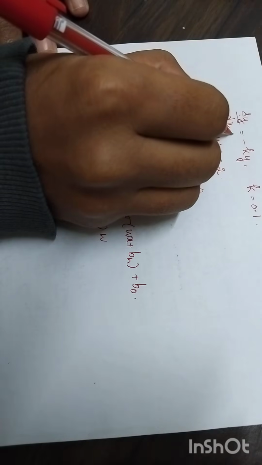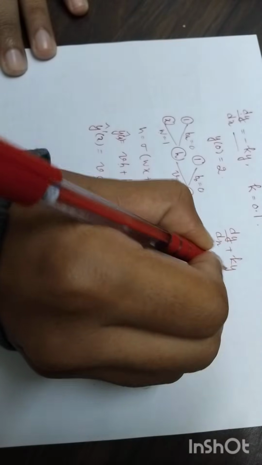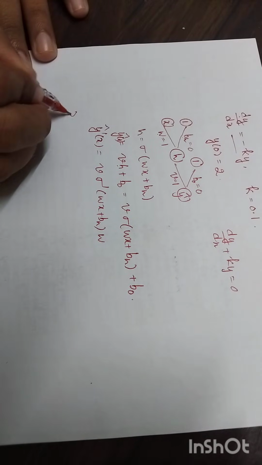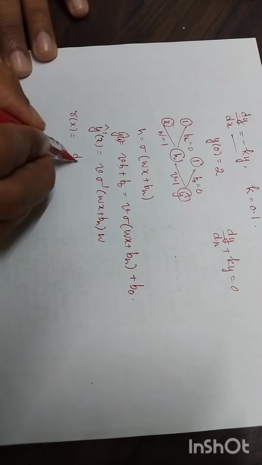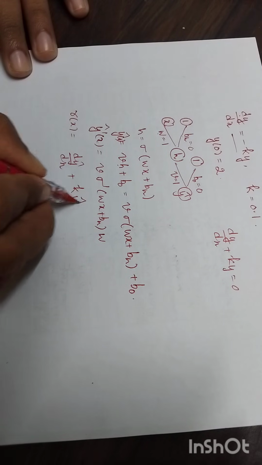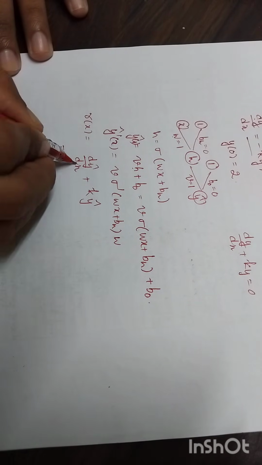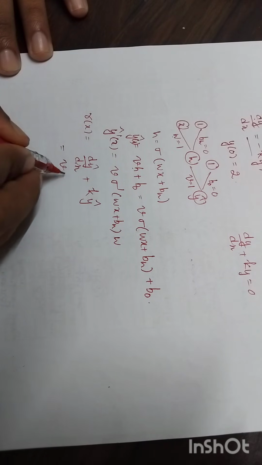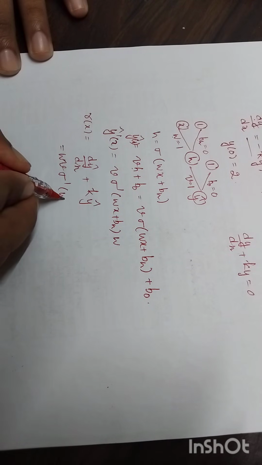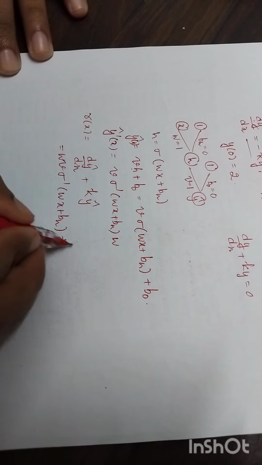From the ODE we can see dy by dx plus ky is equal to 0. This is the way to write the residual. So the residual would be r of x is equal to dy cap by dx plus k into y cap of x, which is nothing but dy by dx, that is v into w into sigma dash of wx plus bh, plus k into y cap.